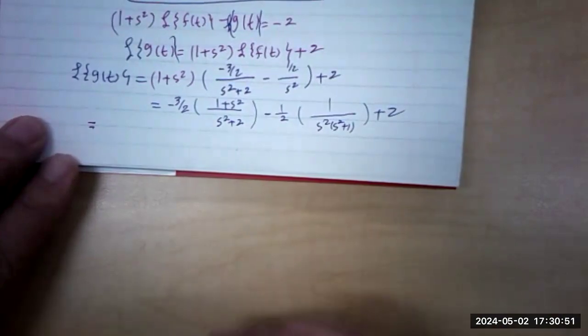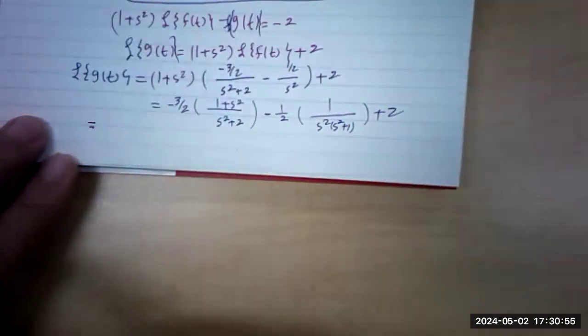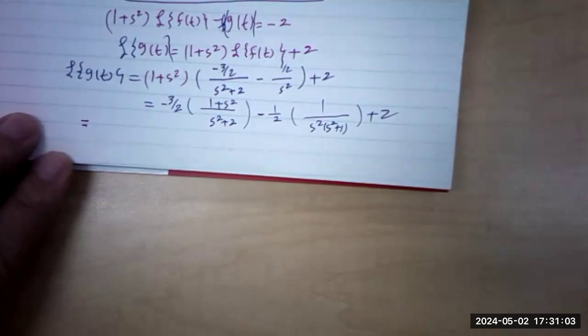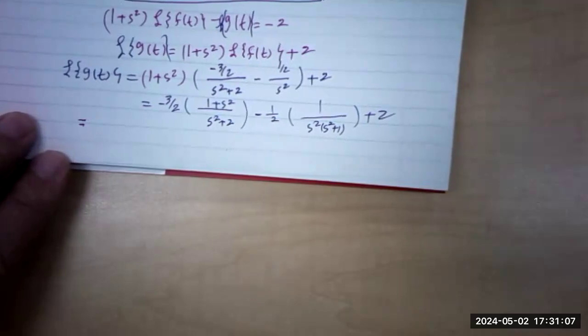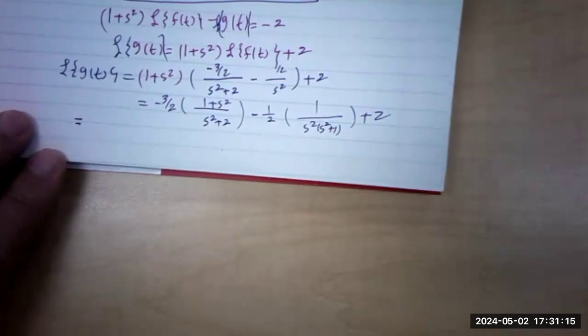If you take the inverse, you see your difficulty is going to be 1 plus s squared. Sometimes it can be done if the coefficient is constant. It's going to be constant, but you have 1 plus s squared Laplace of f of t. If you take the inverse of that one, you cannot pull out that 1 over s squared plus 1. That's why I continue.